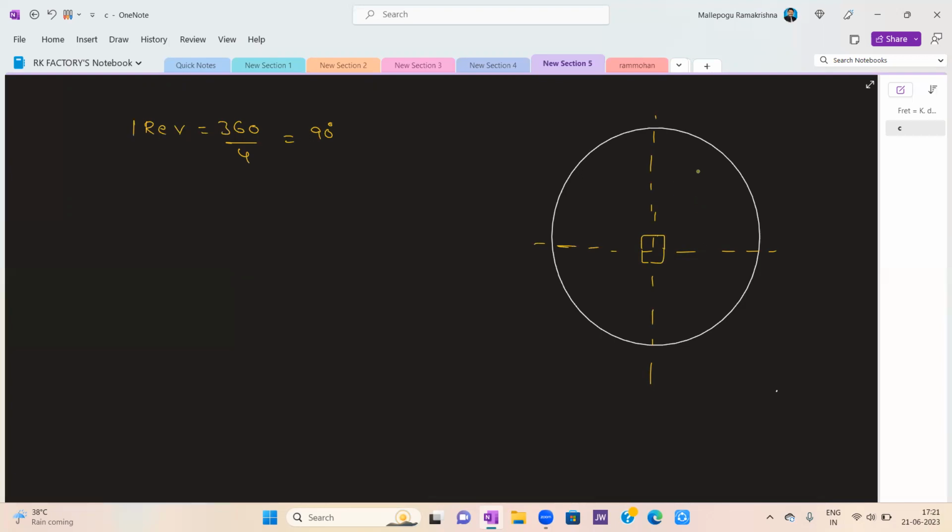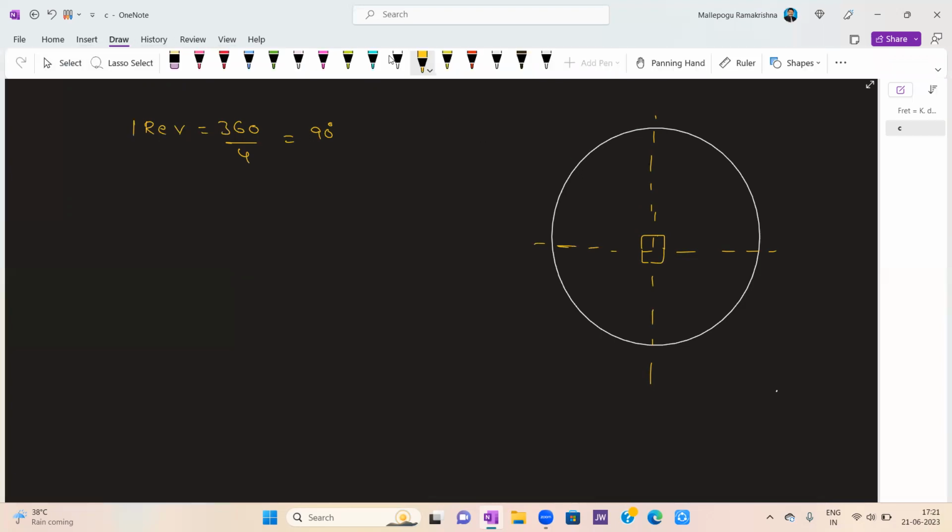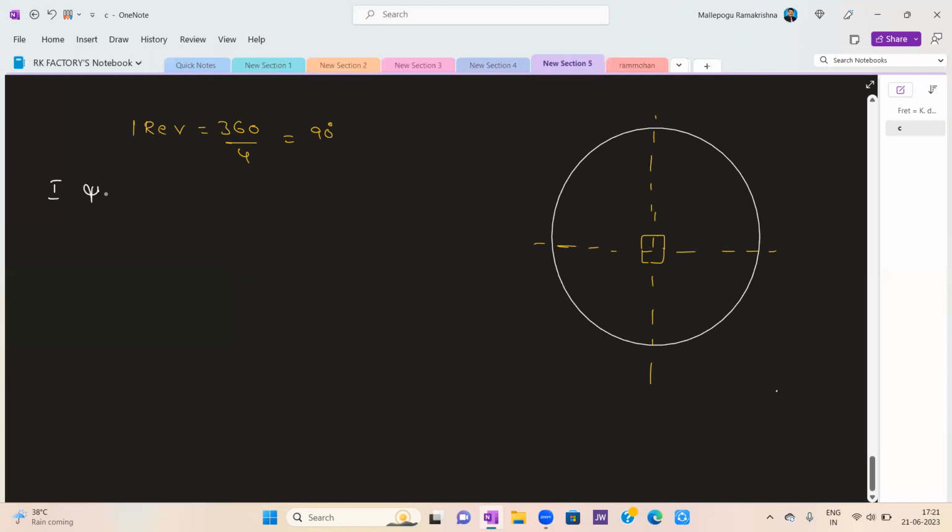If it is only four parts, each one is said to be a quadrant. In the first quadrant, what is going to be the limit?